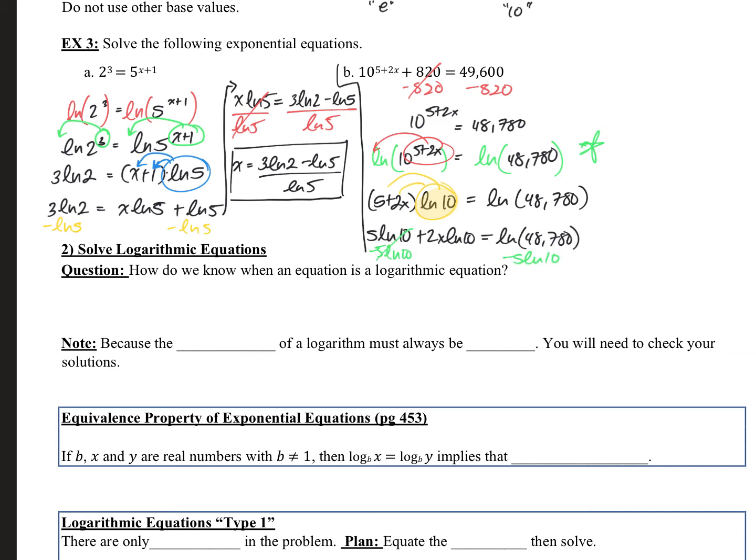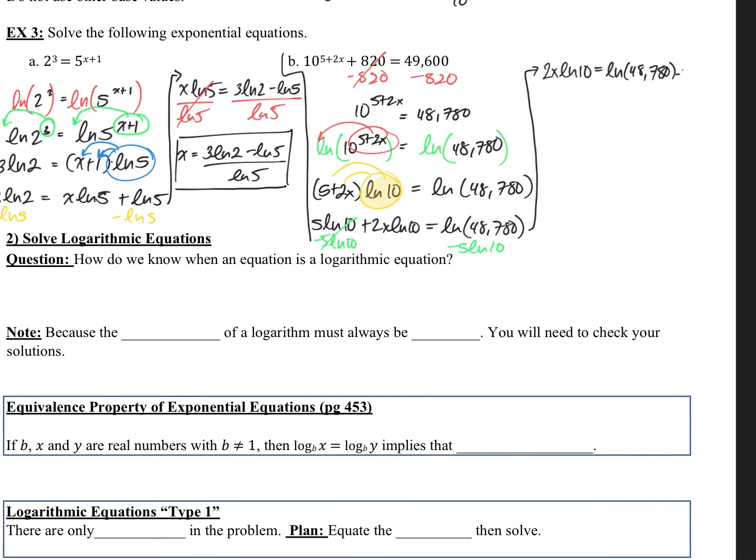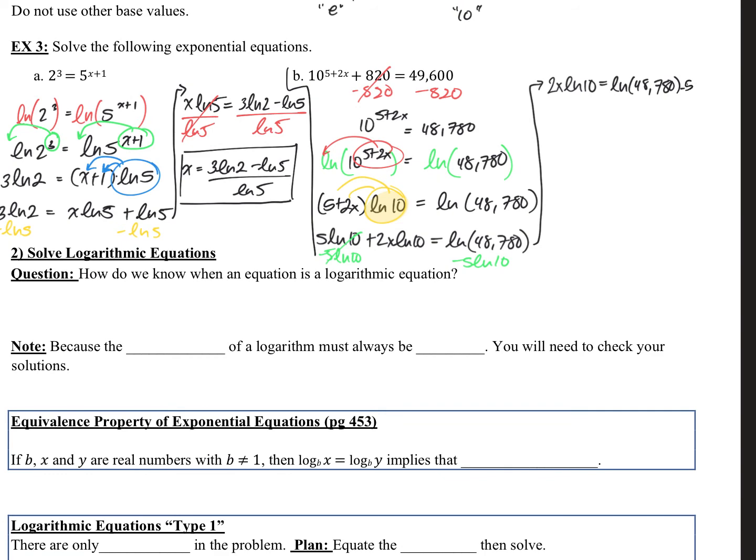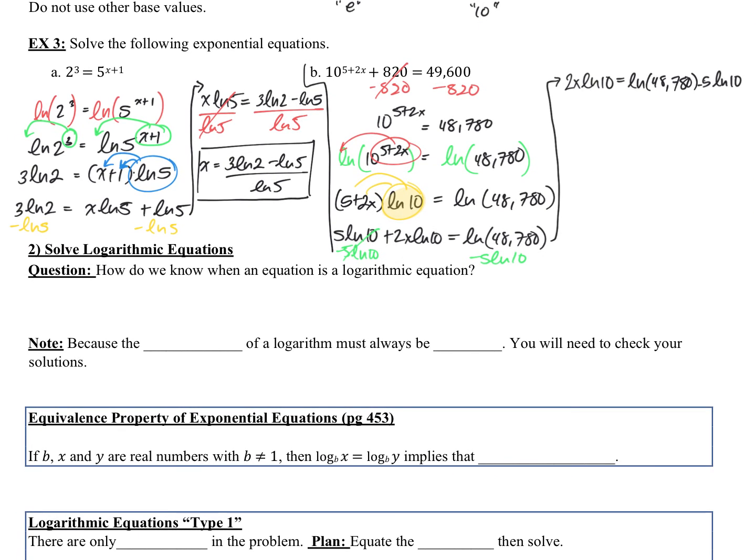Once again, running out of room, I did not space this one out quite as well as I should have. And we get 2x ln 10 equals ln 48,780 minus 5 ln 10.